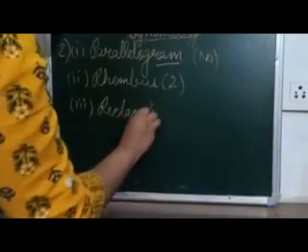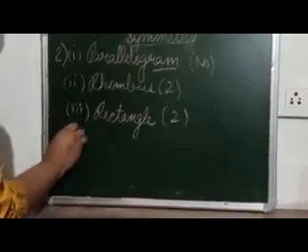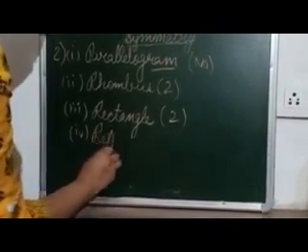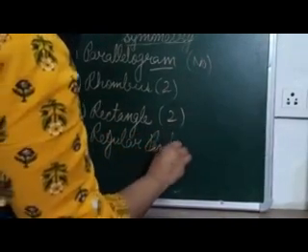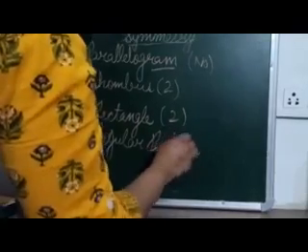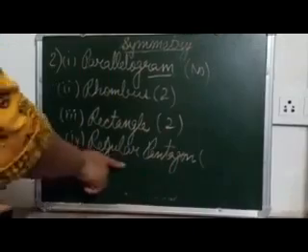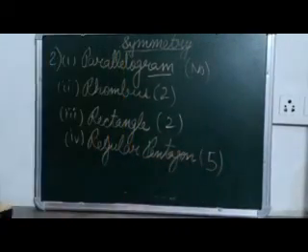Rectangle we have already discussed that it is having two lines of symmetry. And last one is a regular pentagon. Regular pentagon means a pentagon which is having all its sides equal. All its 5 sides will be equal. That is a regular pentagon. And there are 5 lines of symmetry.